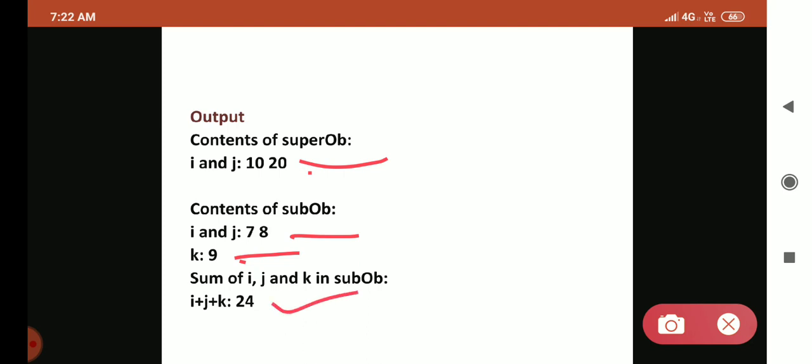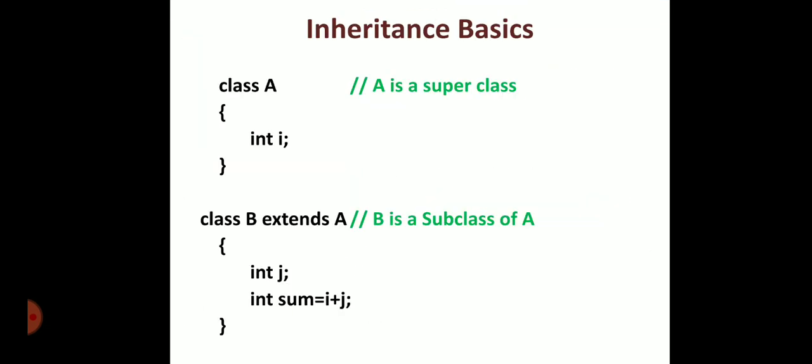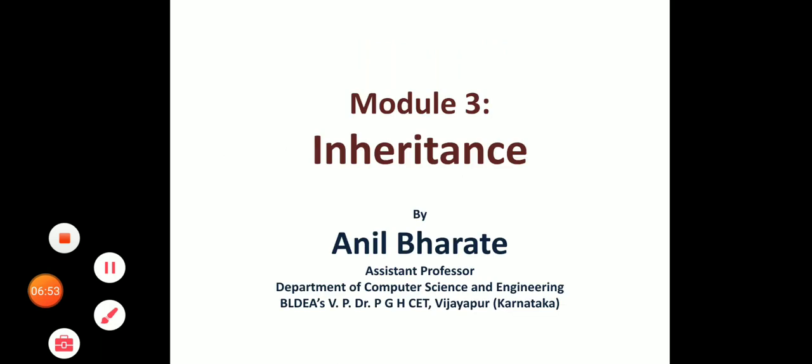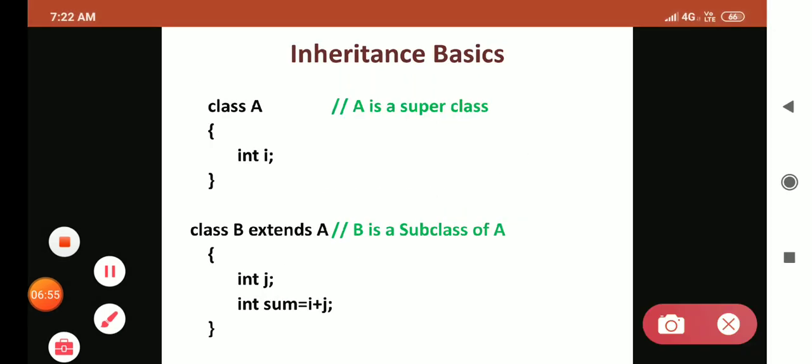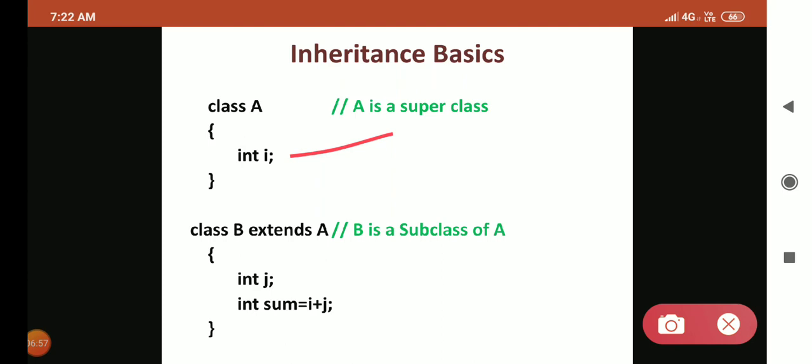9, that is 24. Now one more thing I forgot to tell you, that here in this previous slide, class A has i as instance variable.